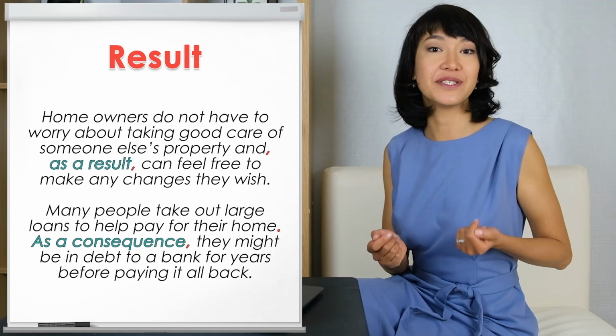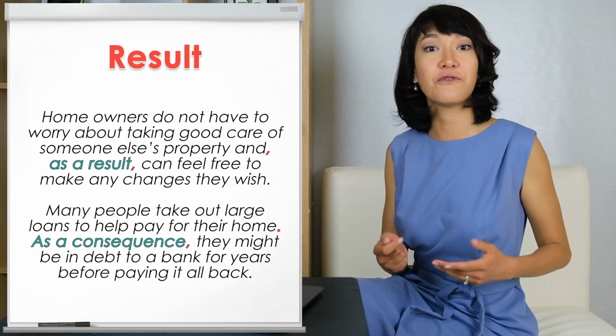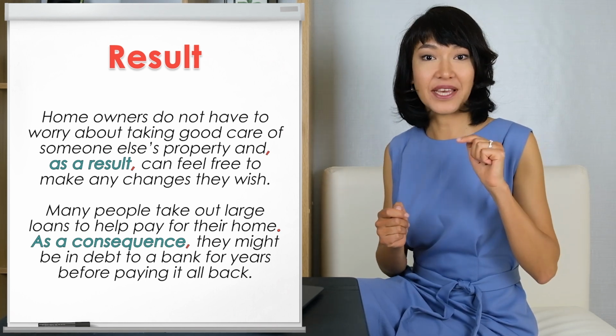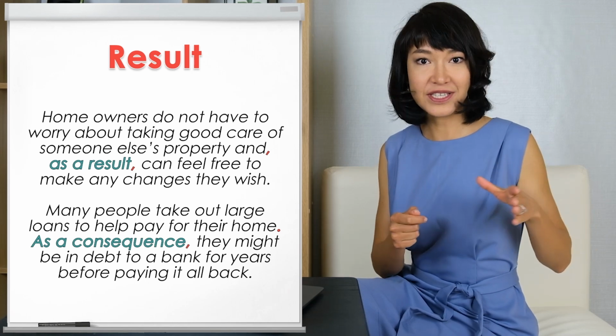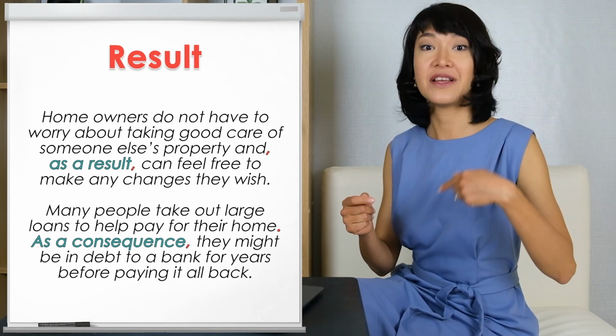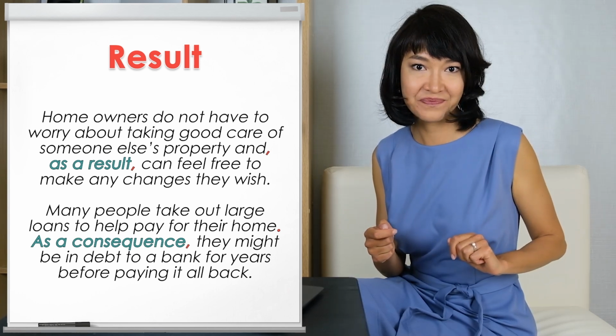As a consequence, they might be in debt to a bank for years before paying it all back. See how we can either put these linking words at the beginning of a new sentence or as part of just one sentence after and separated by commas before and after.